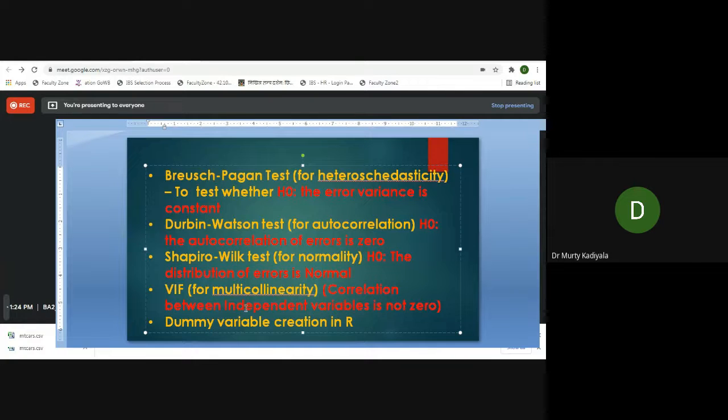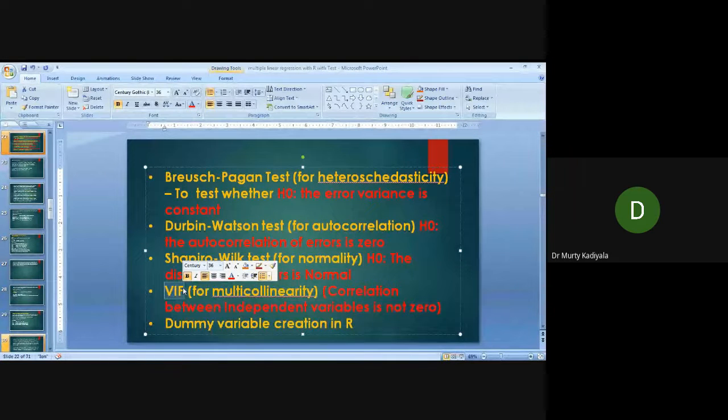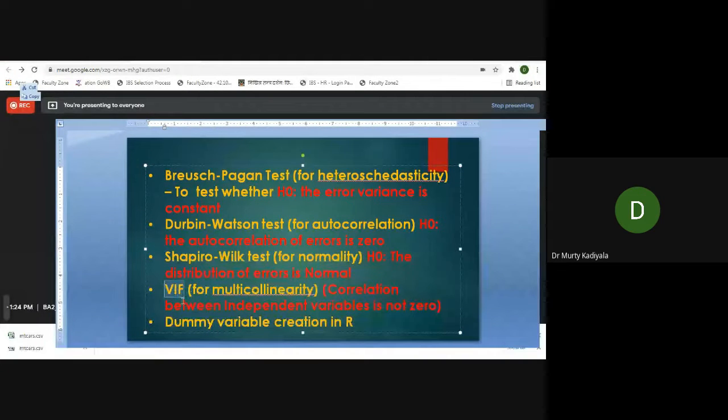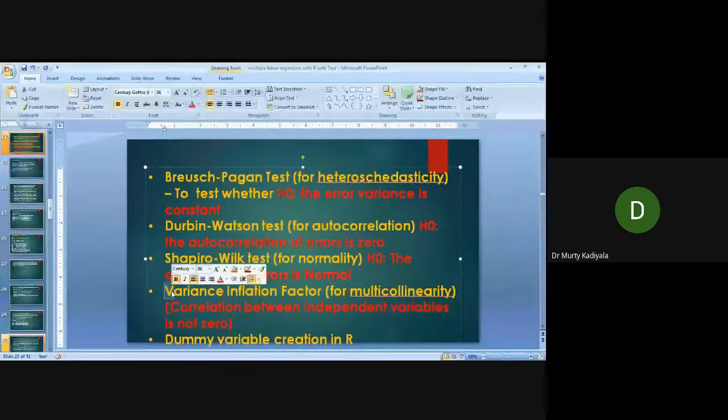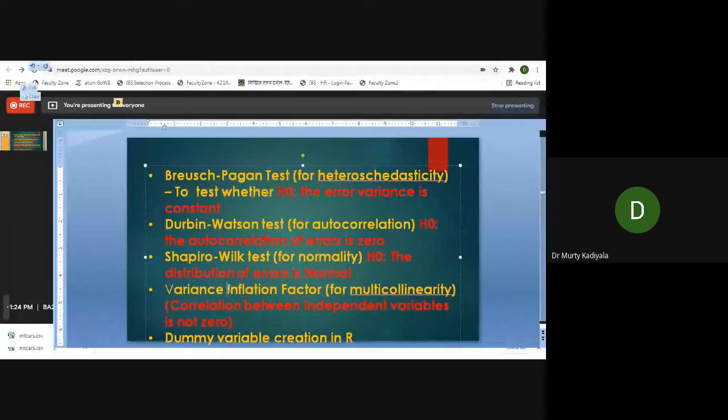So all these things can be tested. Which particular one do we use for multicollinearity? Which concept? What is that known as?